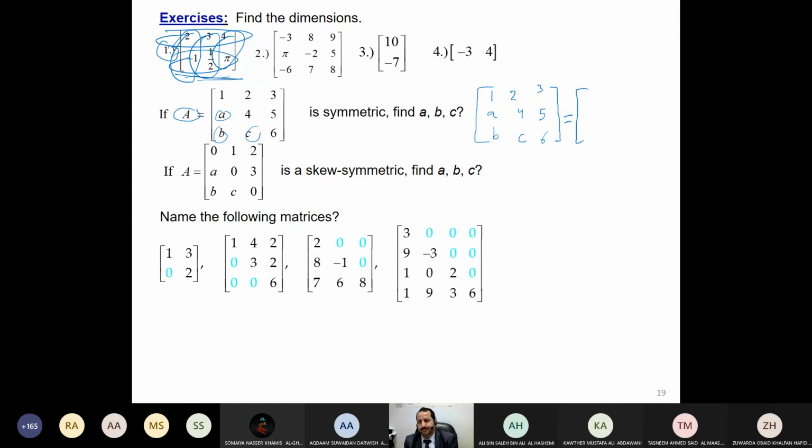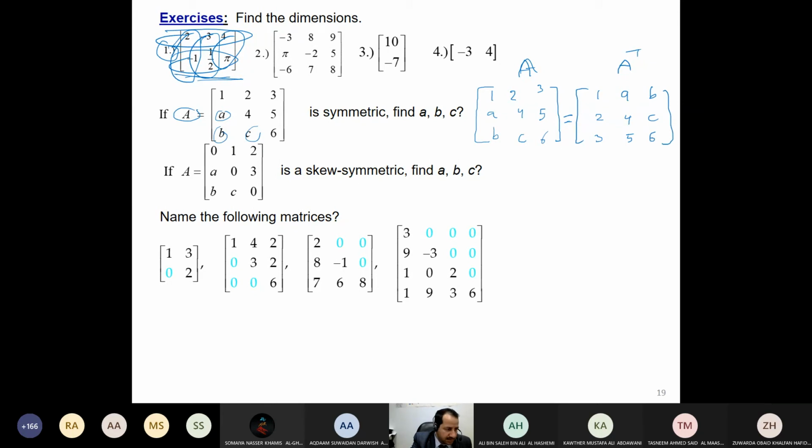How much is A? 2. Excellent. So let's solve it together. Now this is matrix A, and this is matrix A transpose. So when I work on it, it will be 1, 2, 3, A, 4, 5, B, C, 6.